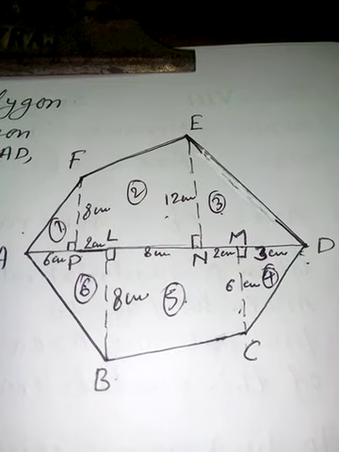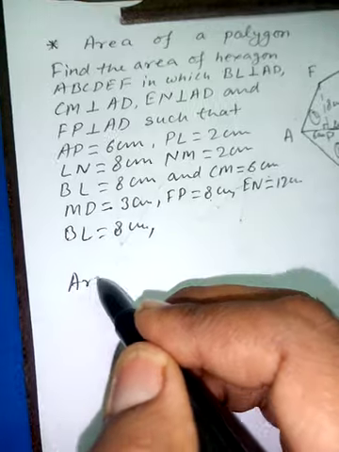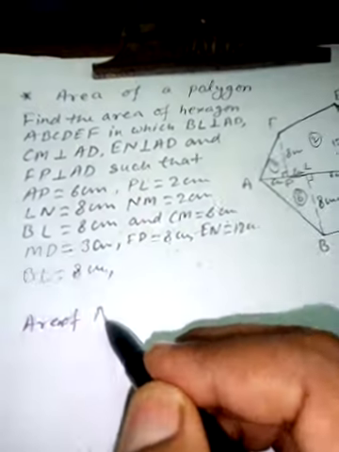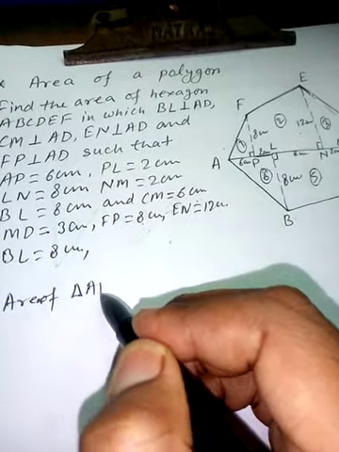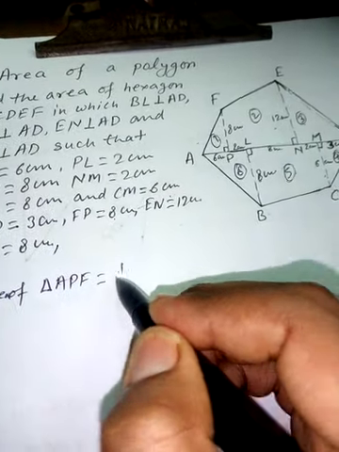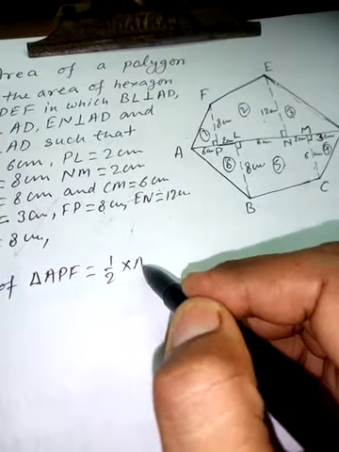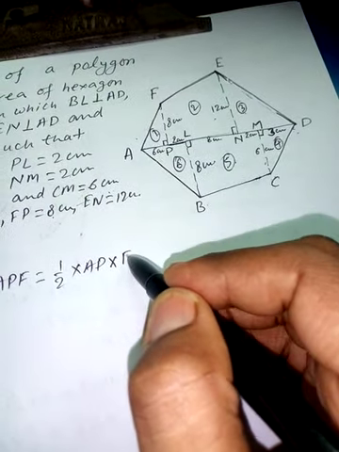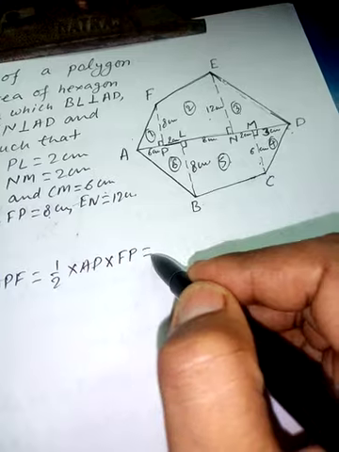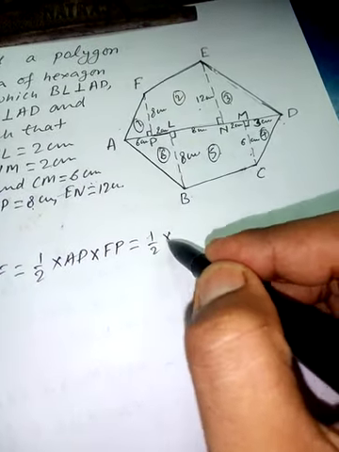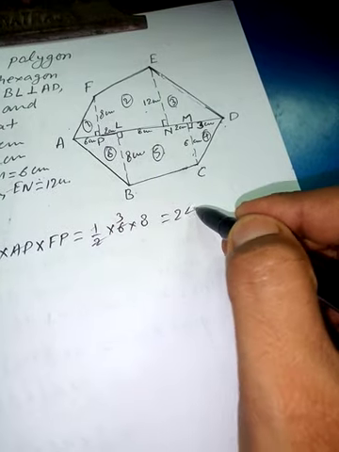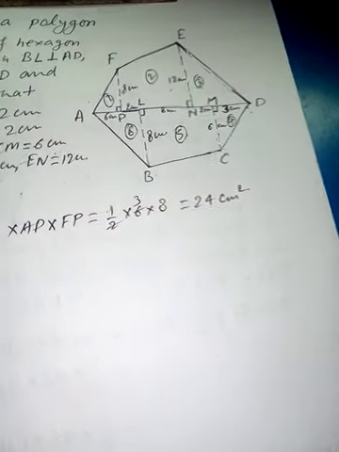Start with the first one. Area of triangle APF, 1 by 2 into AP into FP, base into height. That will be 1 by 2 into 6 into 8, that will be 24 centimeter square.